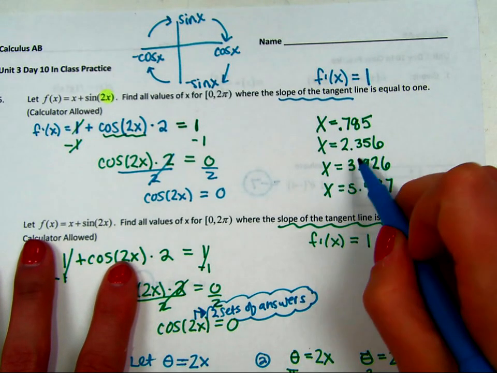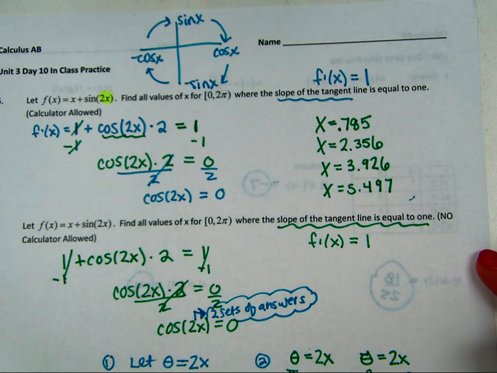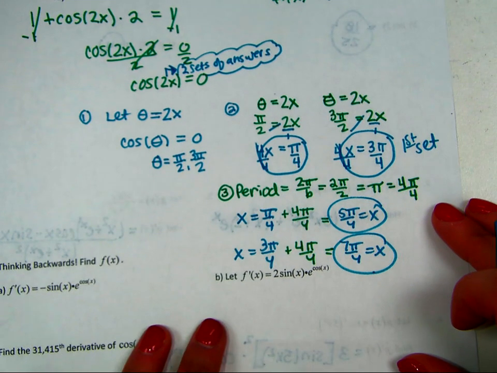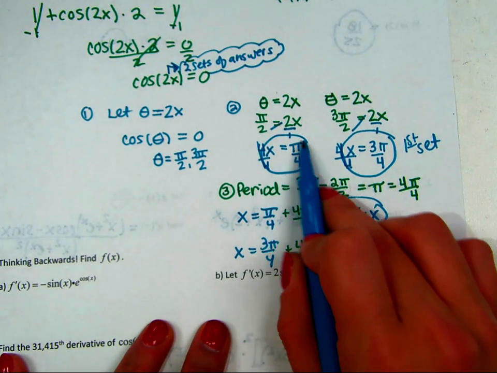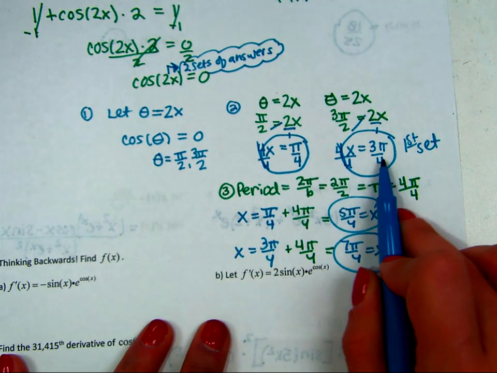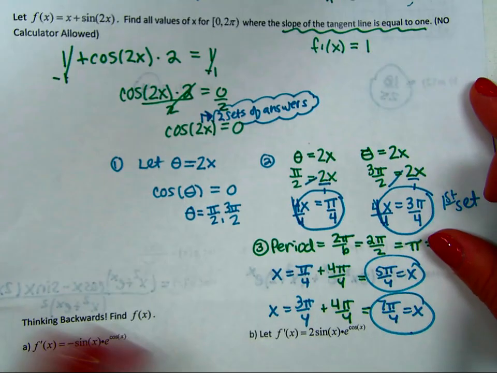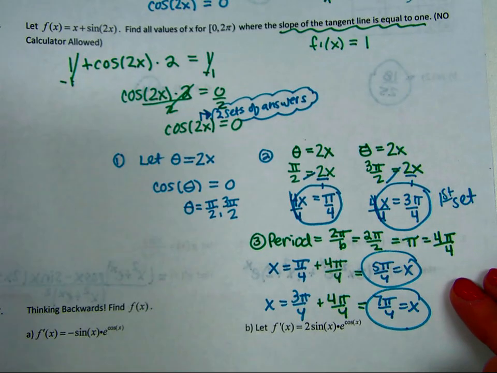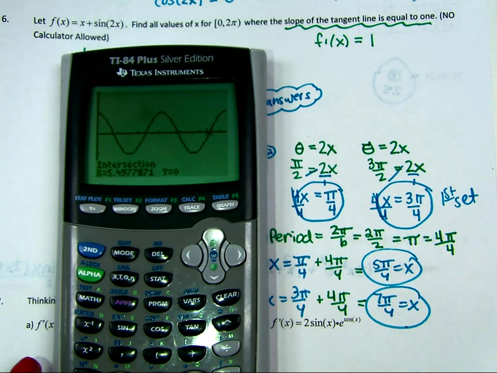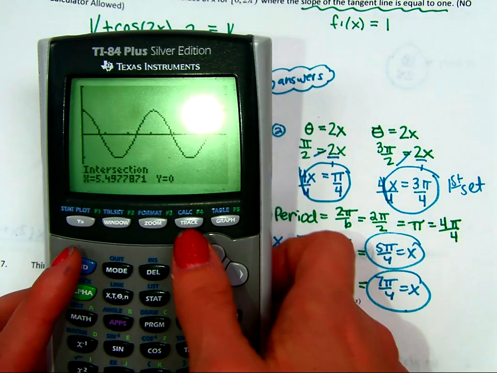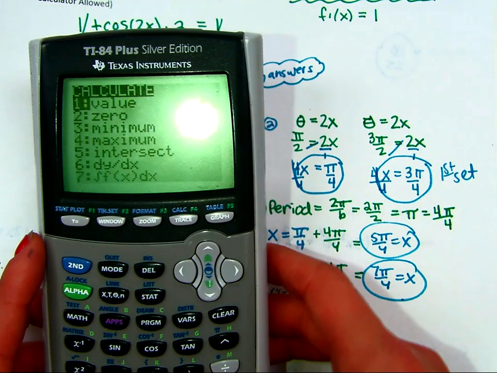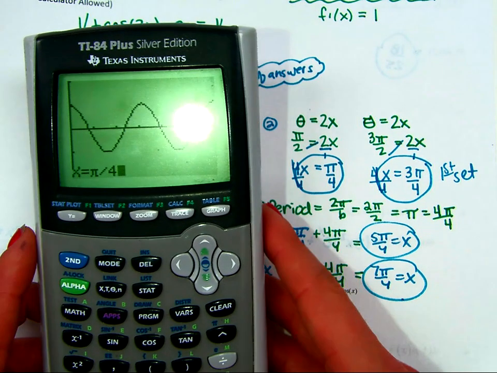We could check it on a calculator if we wanted. Probably an easy way would be to do second trace value on our calculator and just make sure those are the x-intercepts that we found before. So I'm going to show you guys. We just found pi over 4 is an answer. What if we did second trace value, plugged in pi over 4?